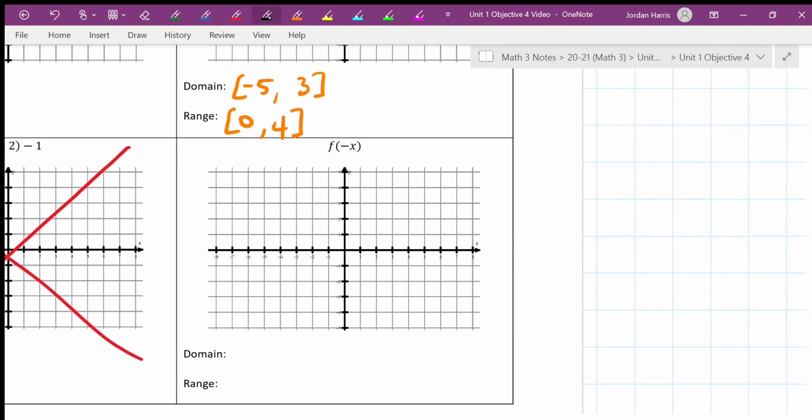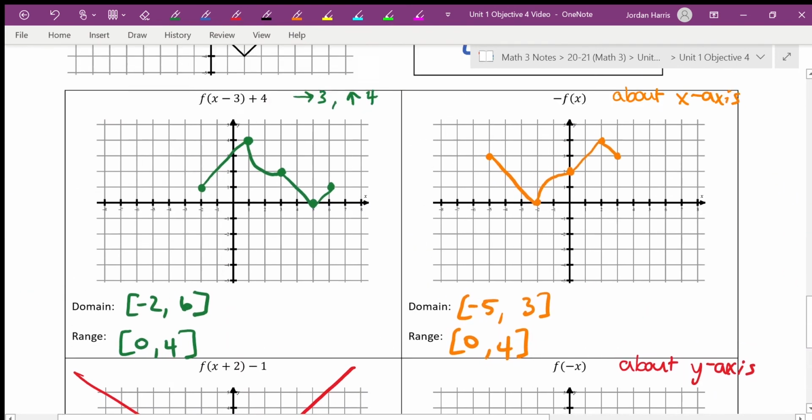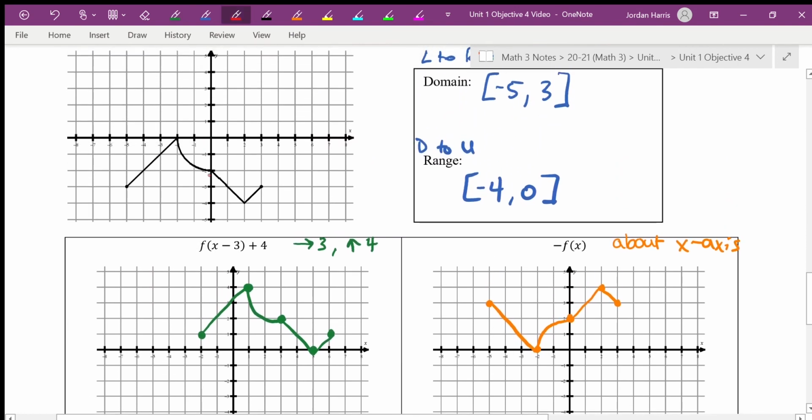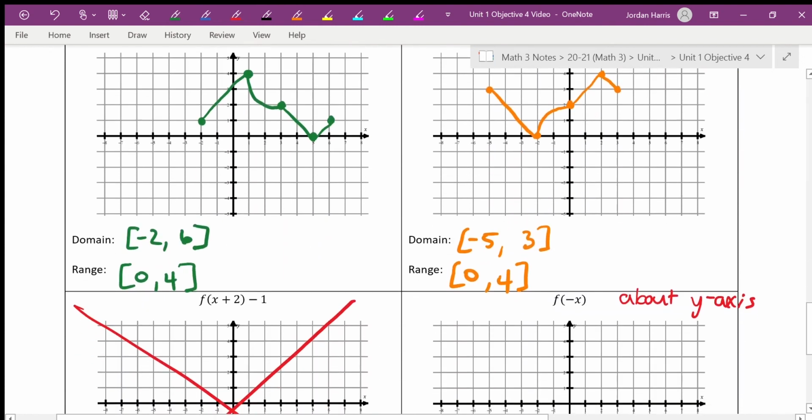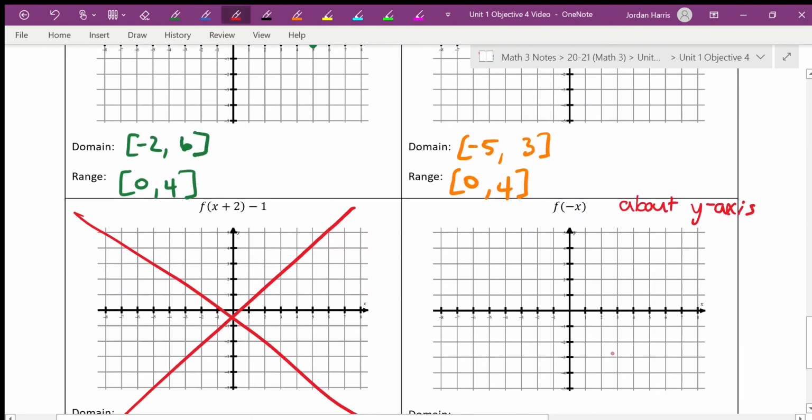So the last one we're going to do is about the y-axis. We're going to reflect about the y-axis. So we look at our graph. Remember, it's the y-axis now. So I'm at 1, 2, 3, 4, 5 left. 1, 2, 3, 4, 5 right.